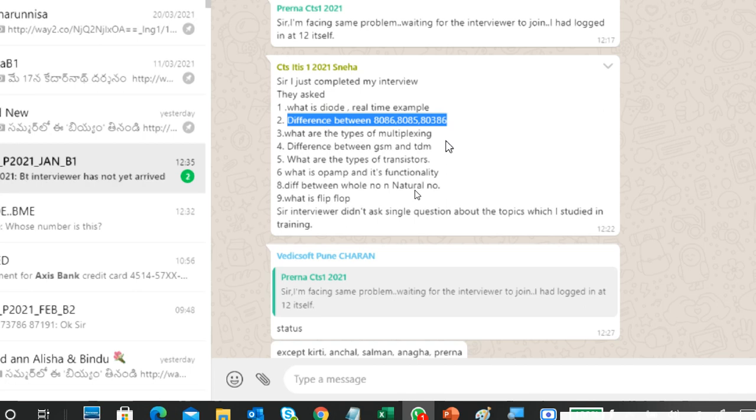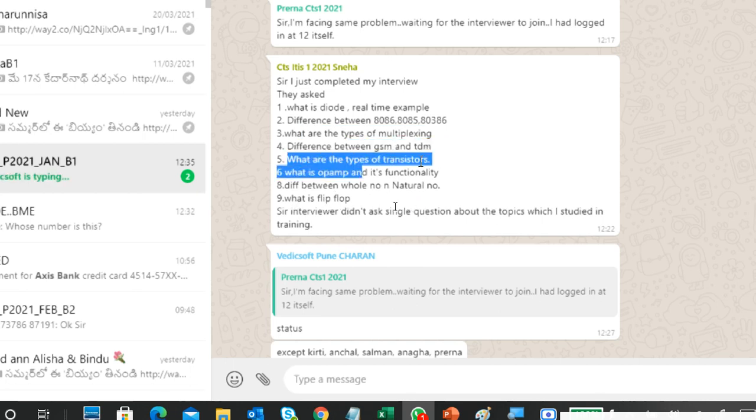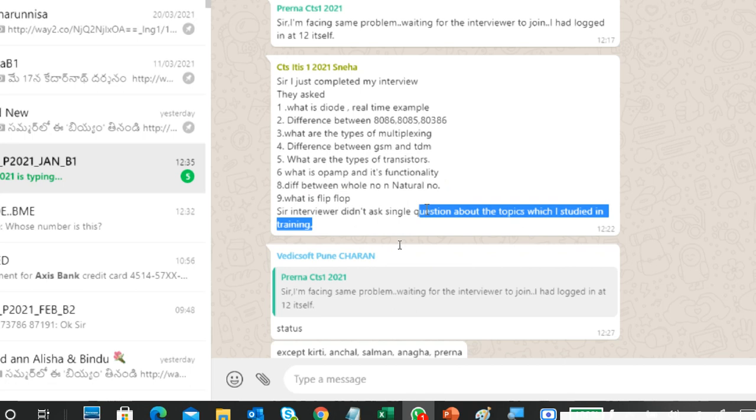No one will expect that kind of question. What are the types of multiplexing? What is GSM and TDM? What are the types of transistors? What are op amps and their functionality? What is the difference between whole number and natural number? What is a flip flop? Interviews did not ask a single question about the topics studied in training.